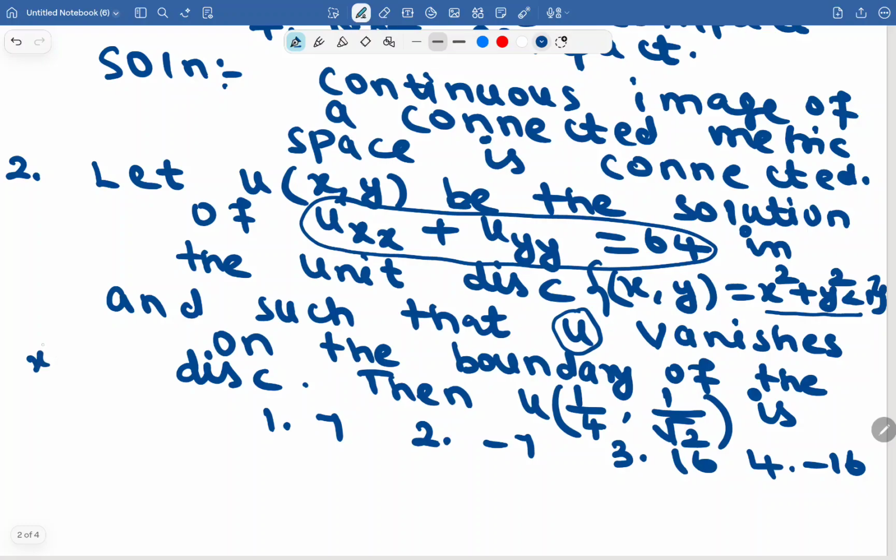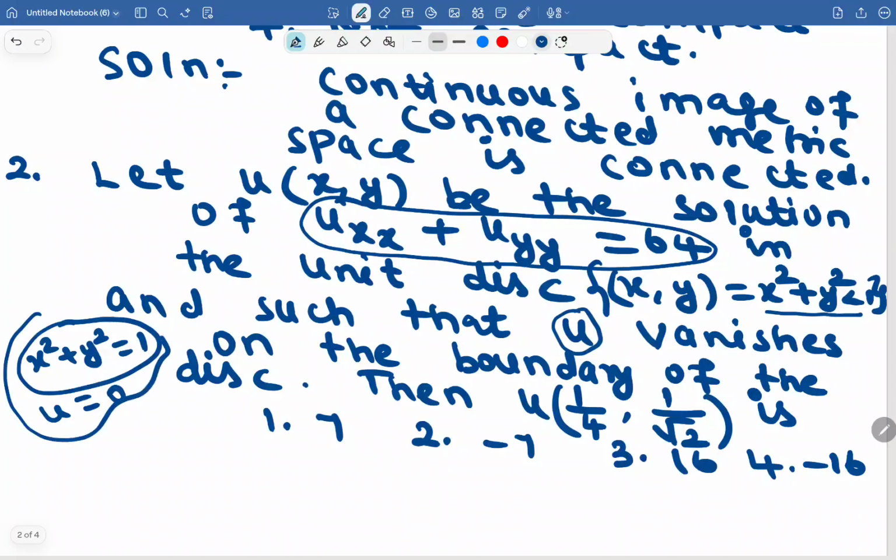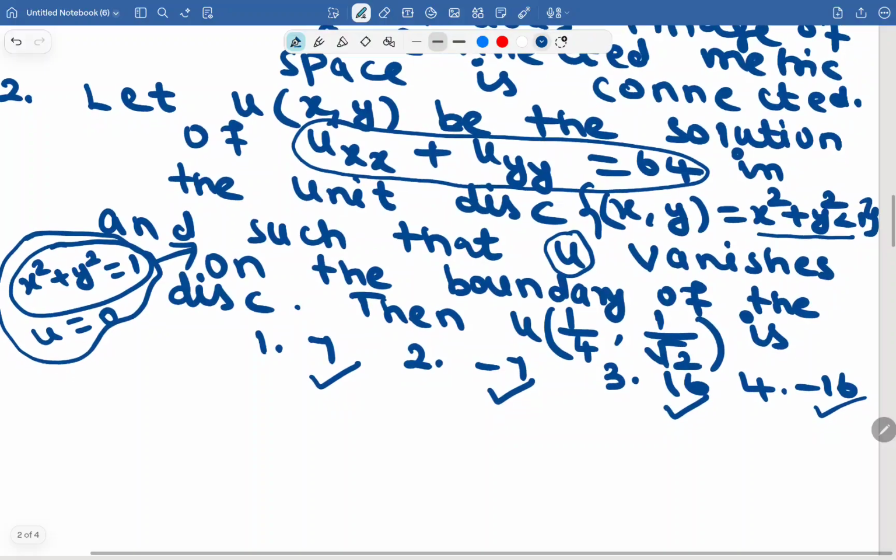Boundary means x square plus y square equal to 1. On the boundary, u vanishes, meaning u equal to 0. These two are very important for solving this problem. And we have to find the value of u of 1 by 4, 1 by root 2, whether it is 7, -7, 16 or -16.